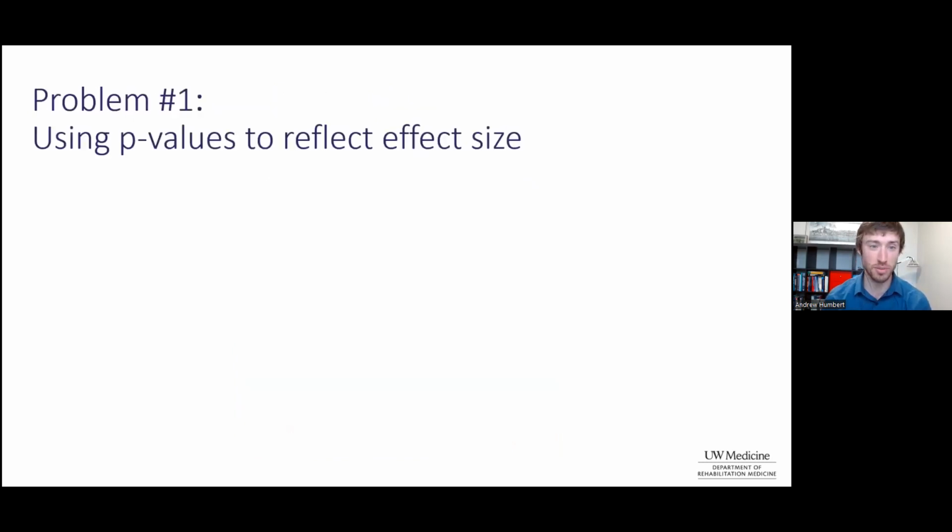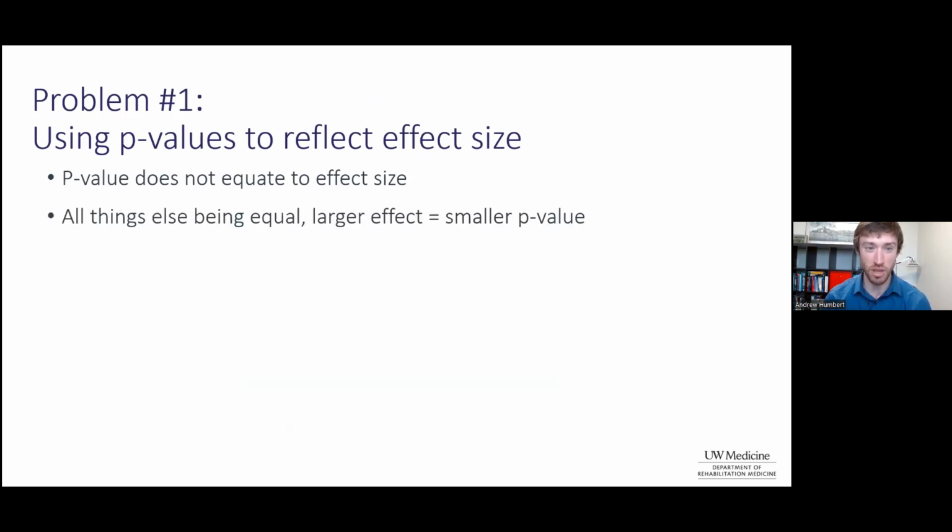So we're going to explore this through a few different examples that I just created. But it's important to note that the p-value, as I said, does not equate to effect size. I talked about the p-value being related to effect size and precision. If we're able to hold precision constant and only impact effect size, yes, a larger effect size will lead to a smaller p-value, if everything else is equal.